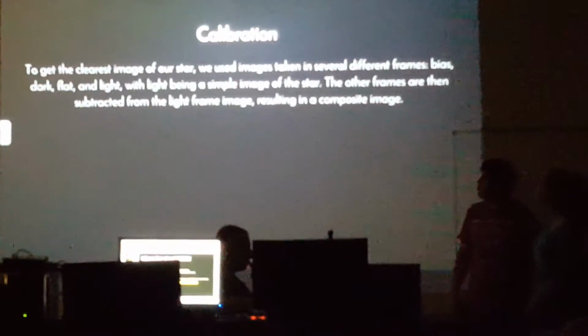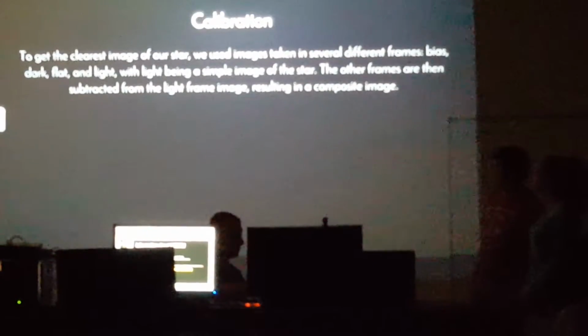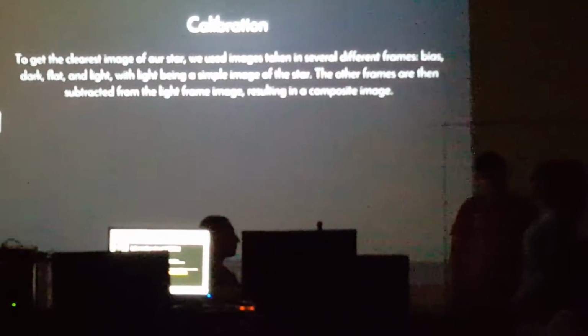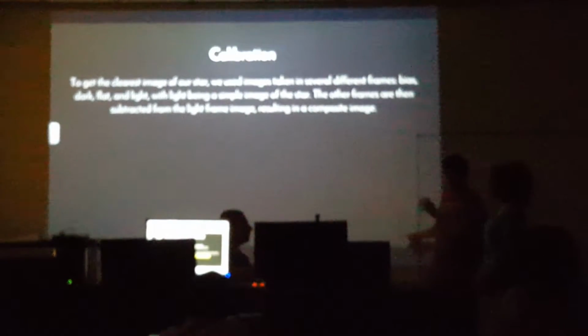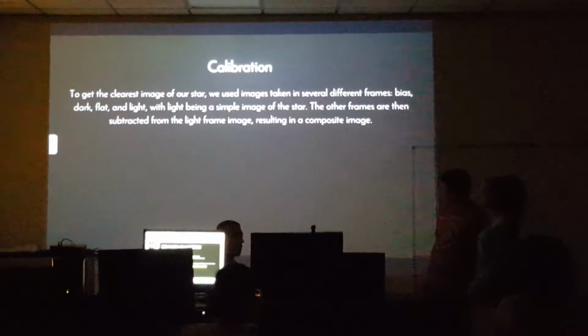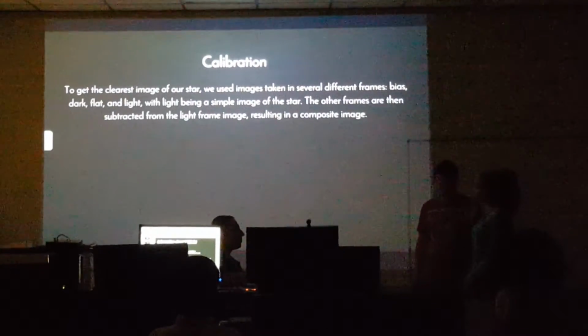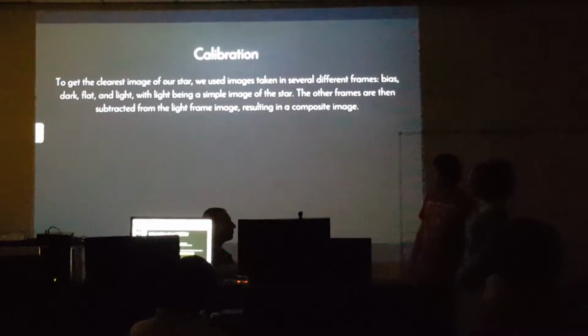And so to get the clearest image of our star, we had to take several images in different kinds of frames, called bias, dark, flat, and light. You use those to find what the star actually looks like, getting rid of random interference.